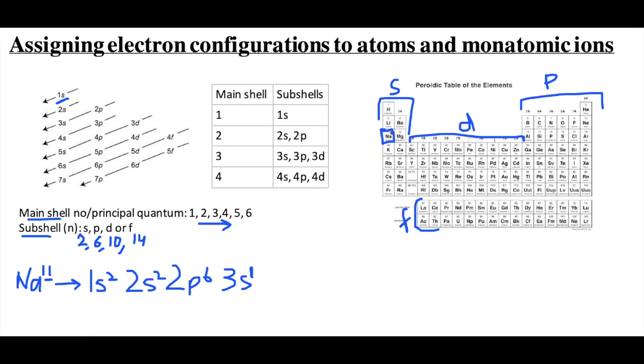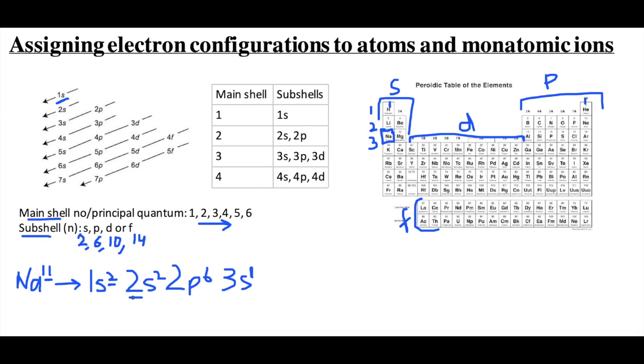This is another way to work it out. This is the first main shell, this is the second main shell, this is the third main shell. So for the first one, this is the S block, and we include the helium in the S block. So we have 1, 2. So 1s 2.